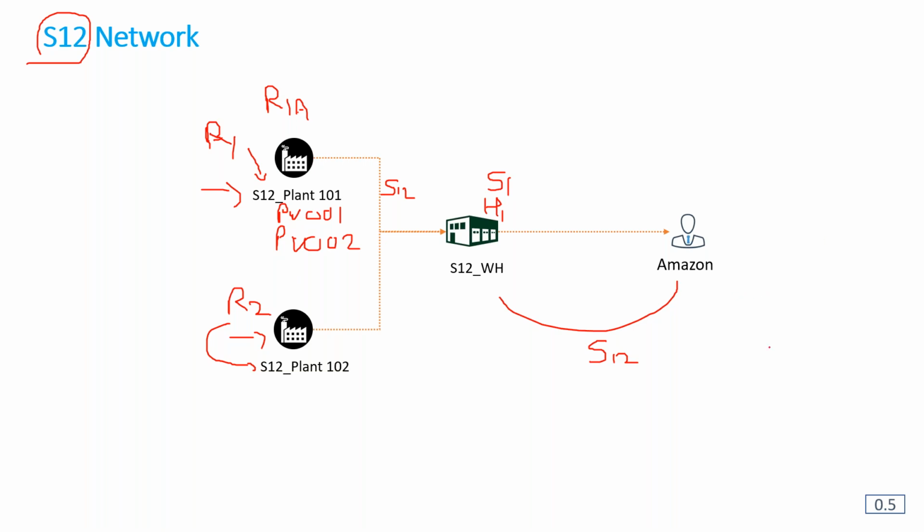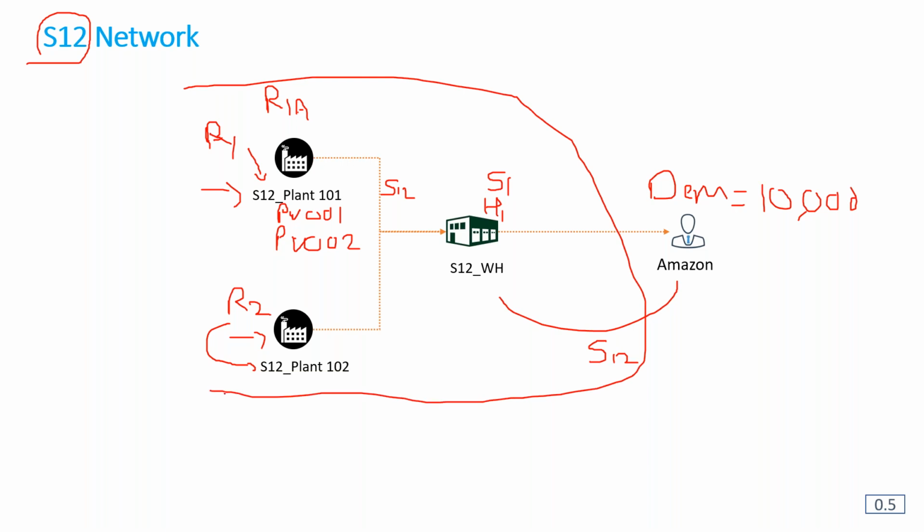Once you load all that, and once you specify that this product S12 at the Amazon location in a particular week has a demand of 10,000, and once you run a supply planning algorithm, it will push the demand of 10,000 to this supply chain network, and then it will come up with the outputs.